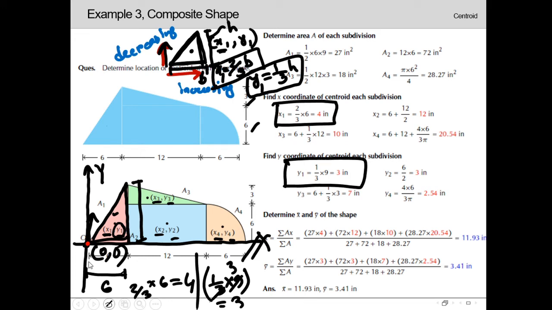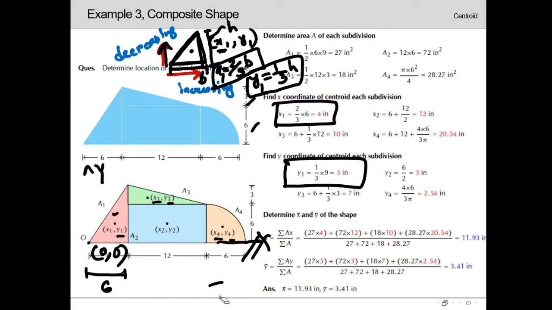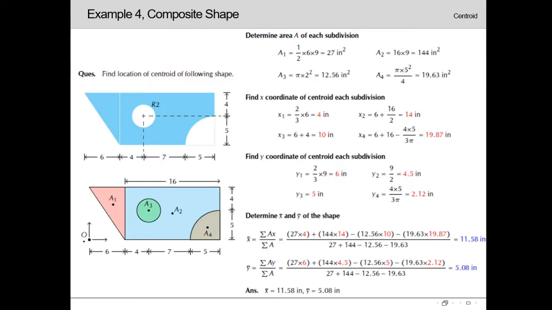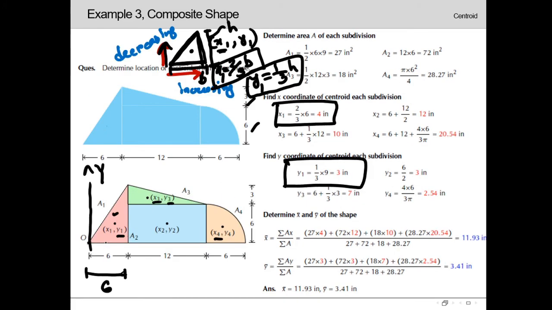Now our segment 2 is a rectangular segment, starting from 0, 0. For a rectangular segment it is easier.